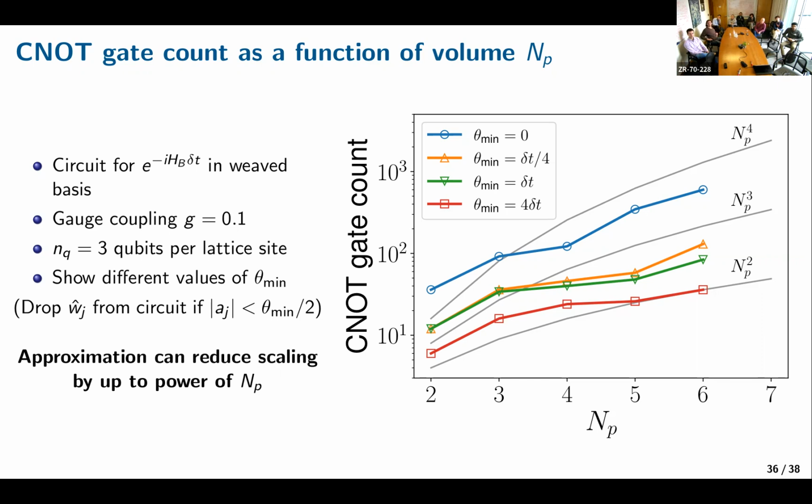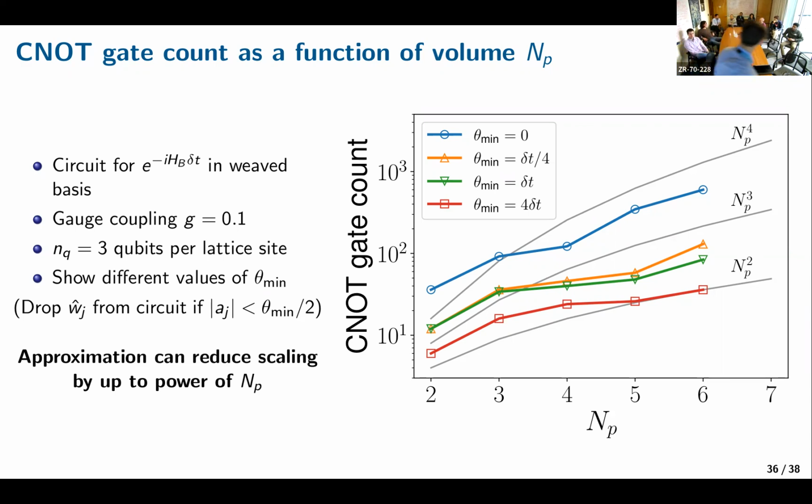And as expected, we find that the scaling is polynomial in the volume, like we showed. But then we find that as you increase your theta min, which we chose to be proportional to the Trotter step size in this example, you can reduce the scaling by up to a power of the volume using this approximation method.